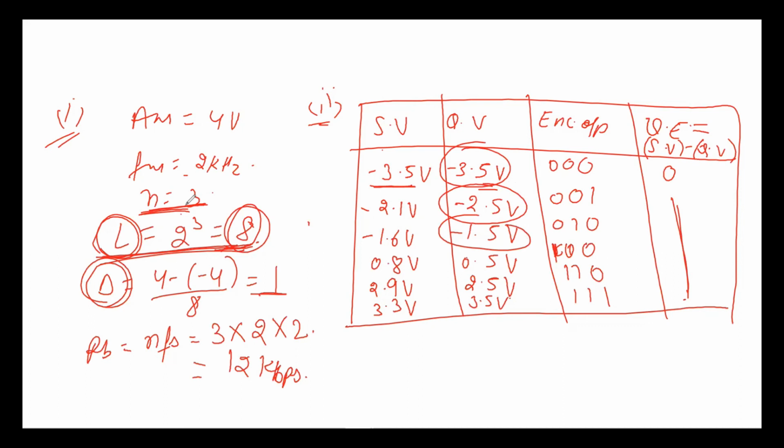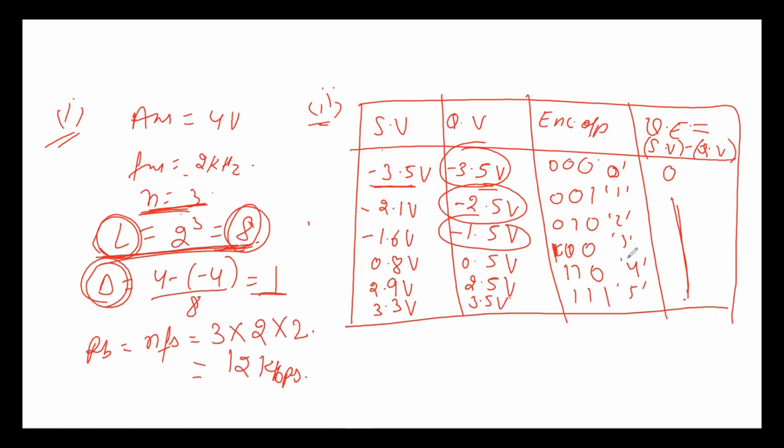Like I have told you, by default, if it is not given, the decimal value should be 0, then 1, then 2, then 3, then 4, then 5, and so on, serially. So you can take 0 as 000, 1 as 001, 2 as 010.